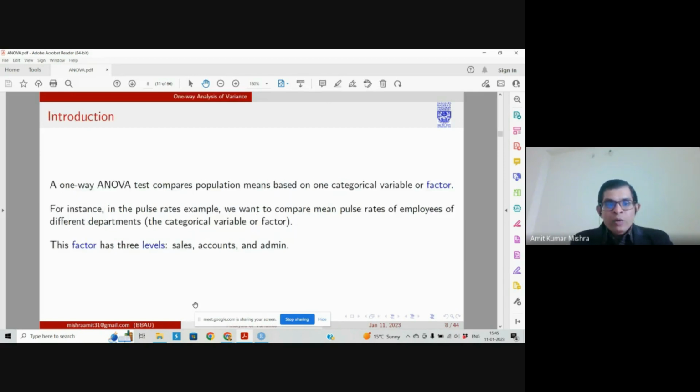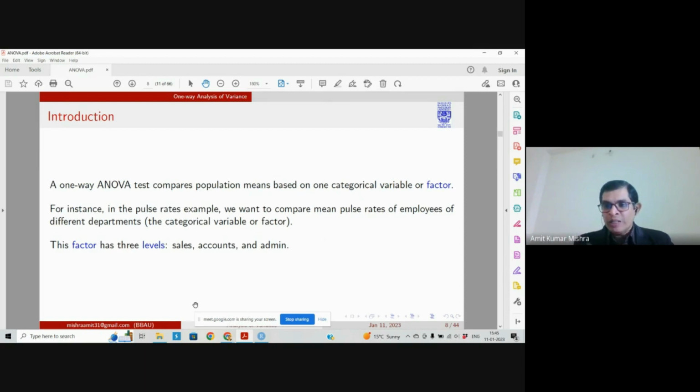Now there is one-way analysis of variance and two-way analysis of variance. A one-way ANOVA test compares population means based on one categorical variable. We technically call it a factor, for example, type of the employee. An employee may be from the sales department, the admin department, or the accounts department.